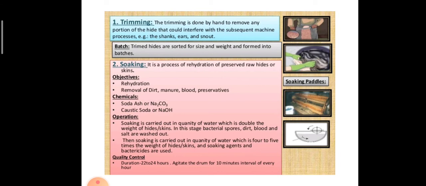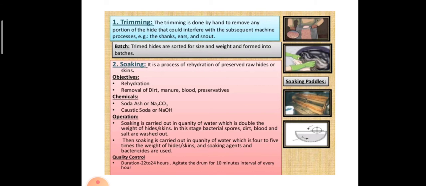Now the first process of tanning is trimming. The trimming is done by hand to remove any part of the hide that could interfere with the subsequent machine process, for example the shanks, ears, and snout.